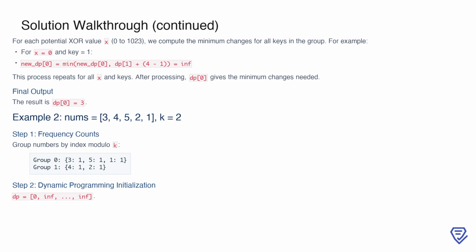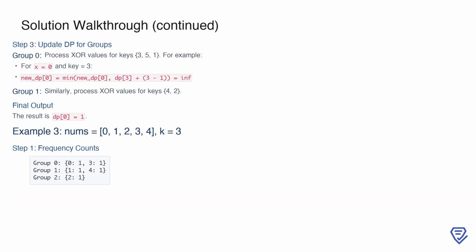We then initialize the DP array as before, with DP0 set to 0 and all others to infinity. To update the DP array for this example, we process each group separately. For group 0, which has keys 3, 5, and 1, we iterate through all XOR values, calculating the minimum changes needed to match each target XOR.